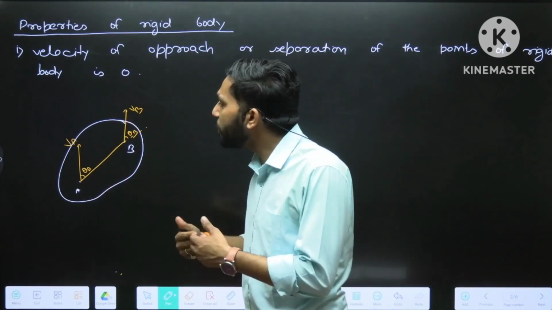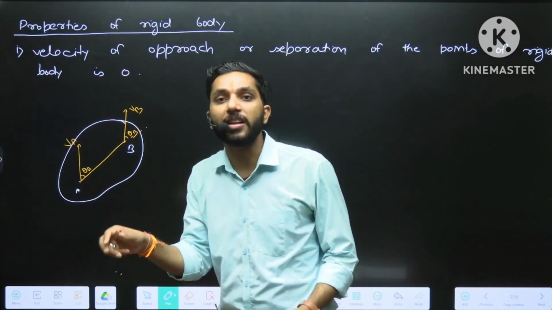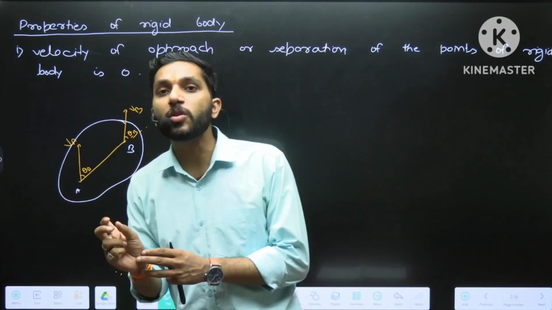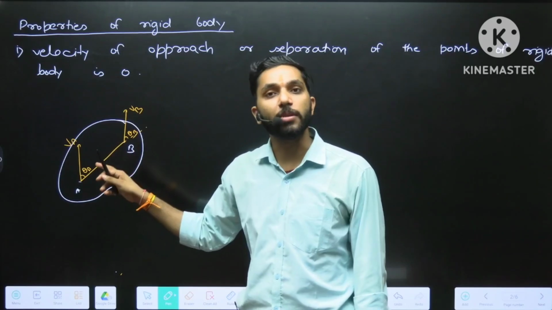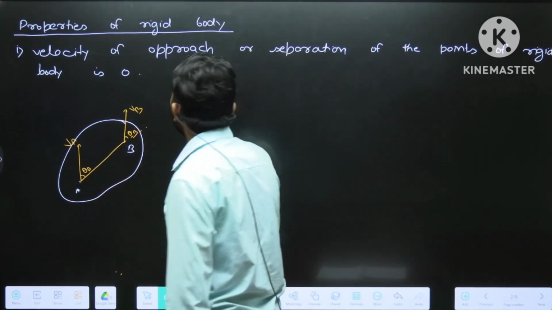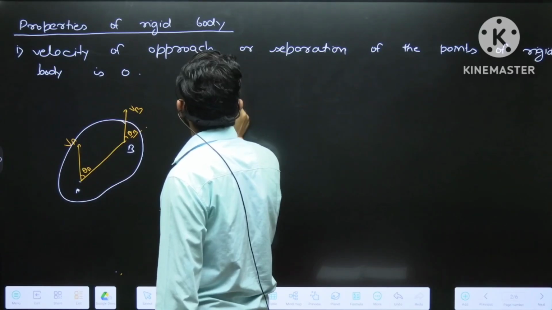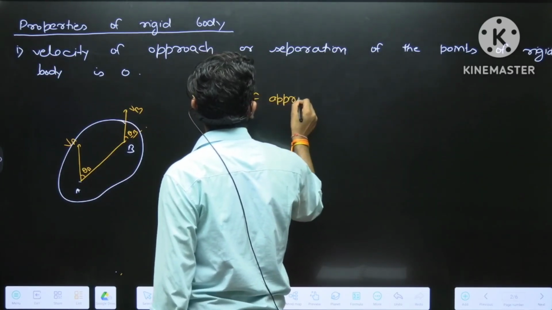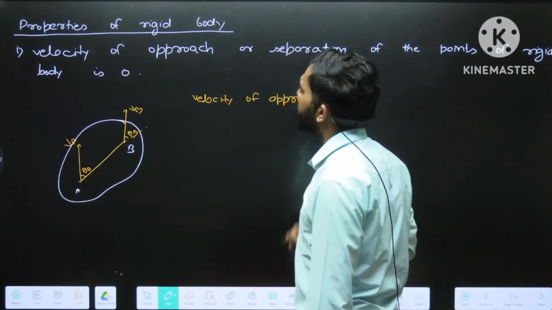It means if we have a rigid body and it is moving and every point has a different velocity, in the case of a rigid body, the velocity of approach or separation of any two points will be 0. If we have to write the velocity of approach, then what will we write?